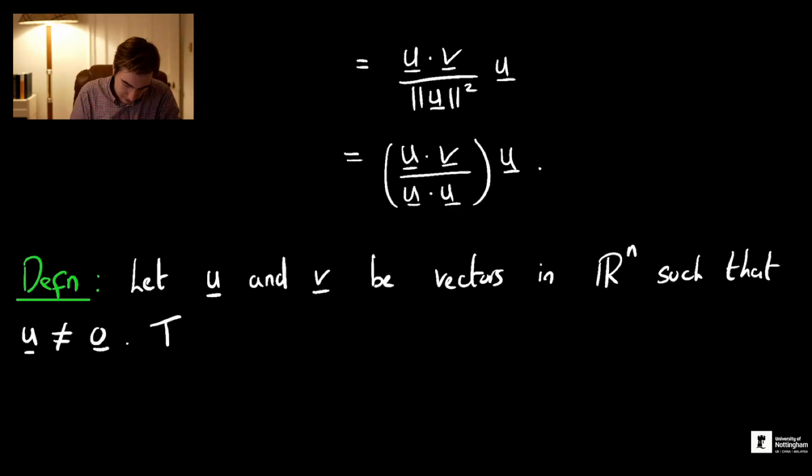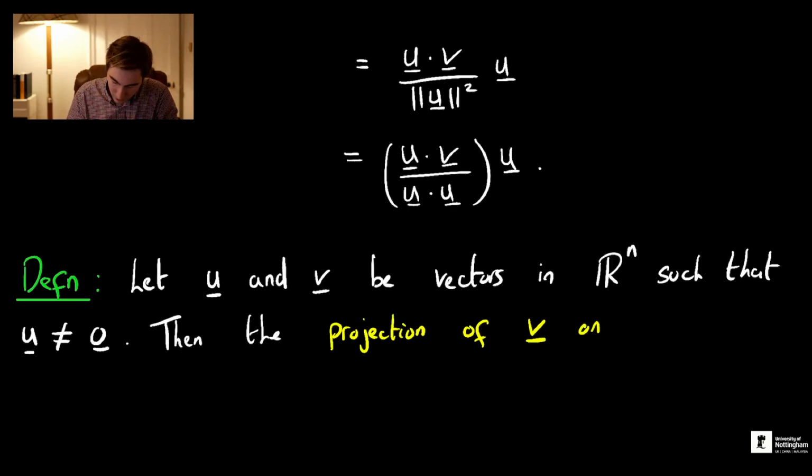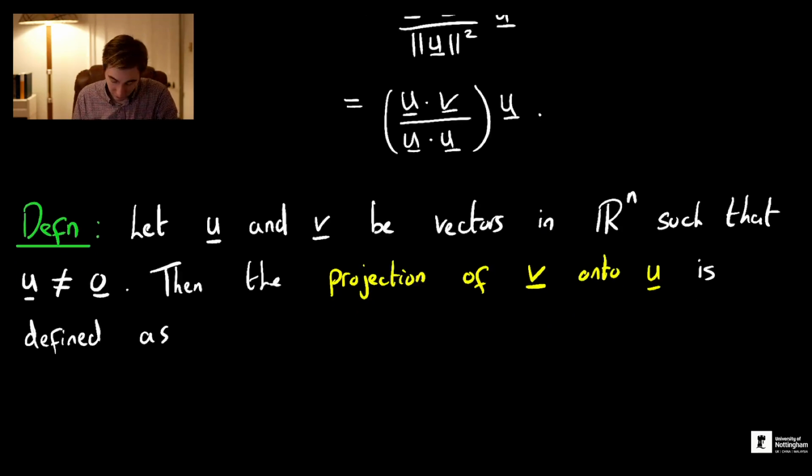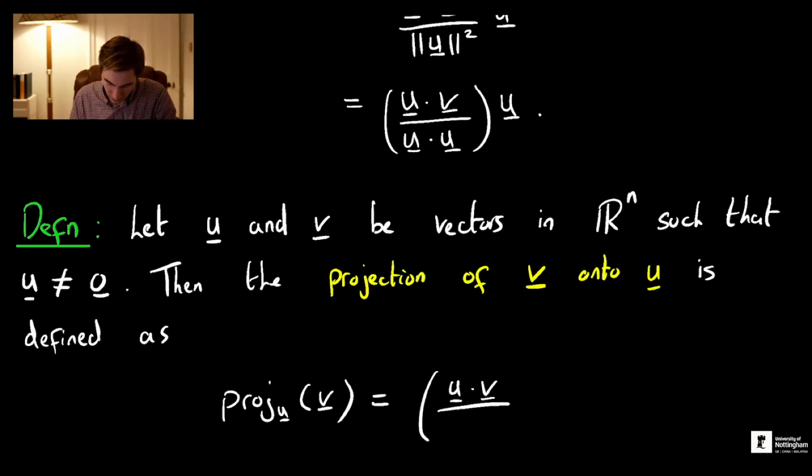Then the projection of v onto u is defined as exactly what we wrote above. The projection of v onto u, we write it in this way, is equal to u dot v over u dot u times the vector u.